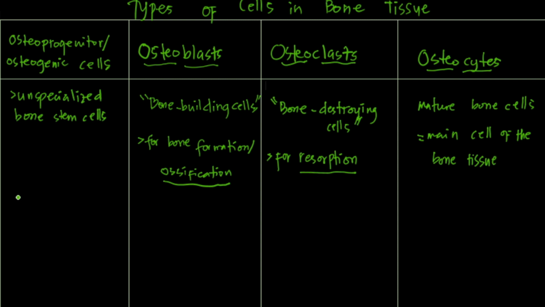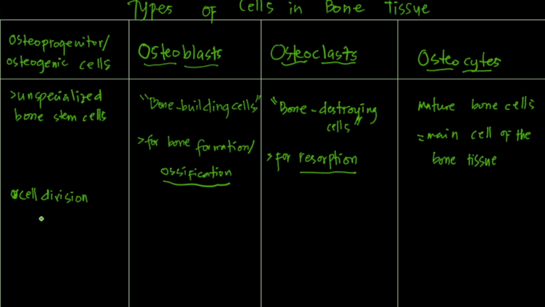And I'd like also to emphasize that in terms of cell division, like your mitosis, the osteoprogenitor cells or osteogenic cells are highly mitotic.